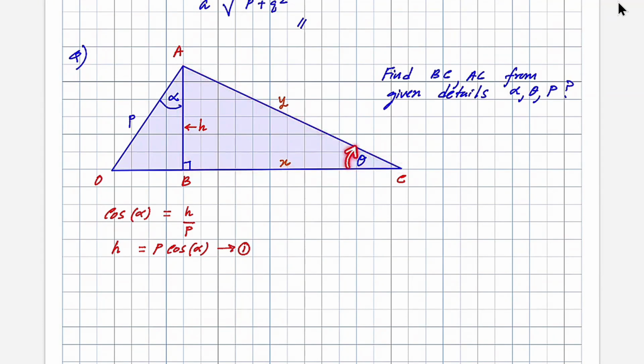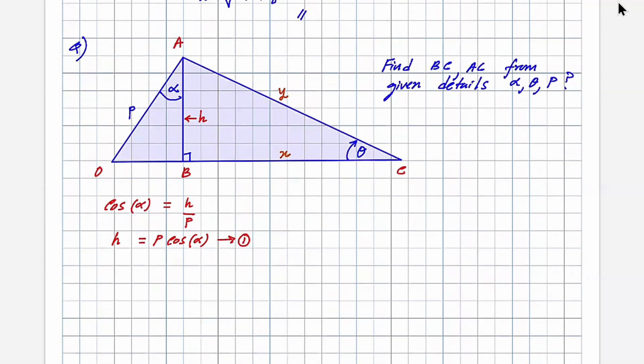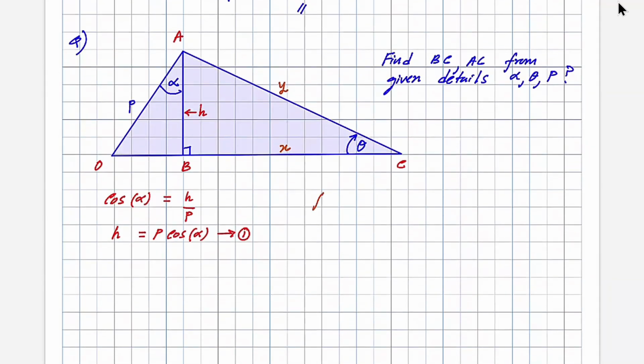Angle is given to you. One of the sides is already there. Use sine cos tan again on this triangle. This is for the ABC triangle.